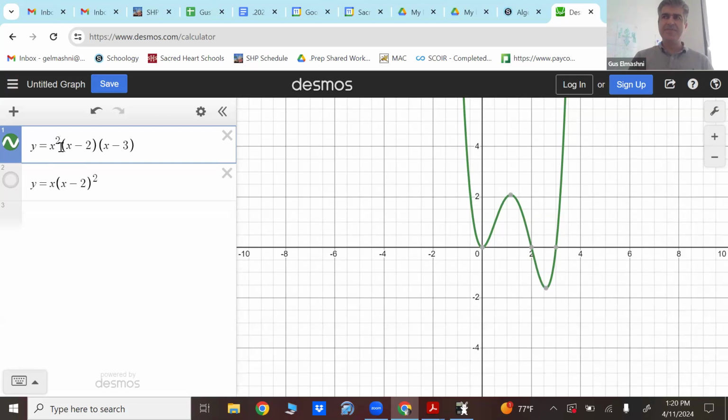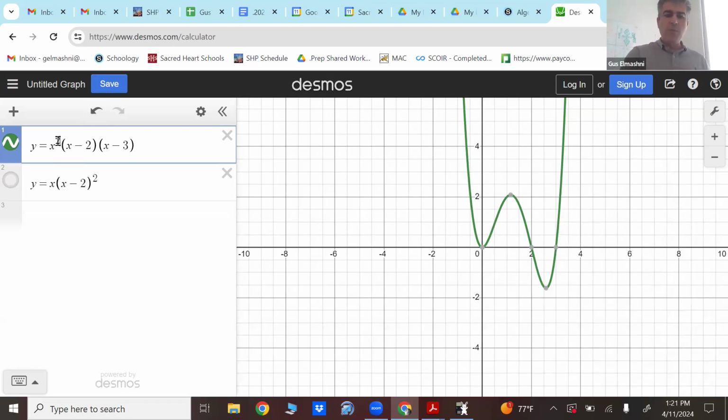No. Okay, I'm going to travel along the graph and hit the x-axis. Do I pass the x-axis or do I bounce off? Maybe you guys didn't understand what I meant by bounce. Now I hit 2. Do I bounce off 2 or do I pass through 2? Pass. And then when I hit 3, do I bounce off 3 or pass through 3? Pass. There we go. Good.